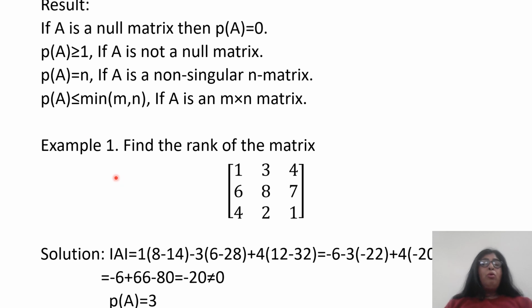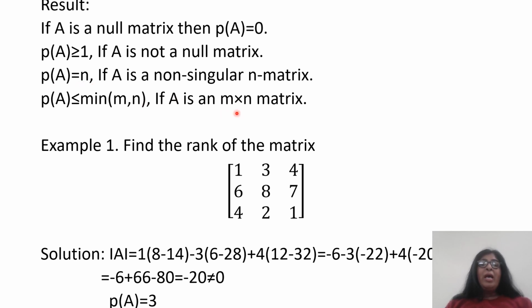Right. Now these are some results. If A is a null matrix, meaning A has only 0 entries, then the rank of the matrix A will be 0. If A is not a null matrix, then the rank of A will always be either 1 or greater than 1. If A is a non-singular matrix, or you can say if the determinant of A is not equal to 0 and A is a matrix of order n, then the rank of A will be n.